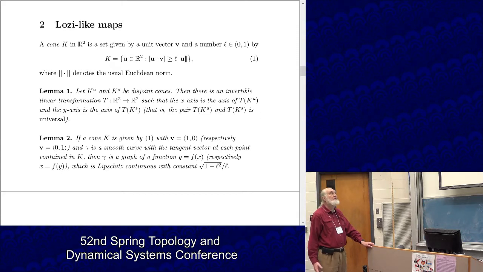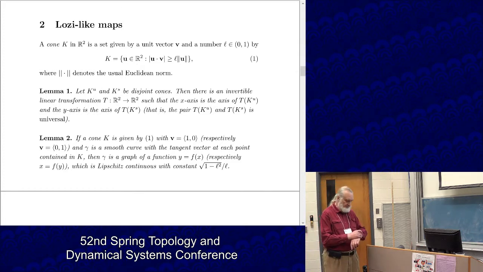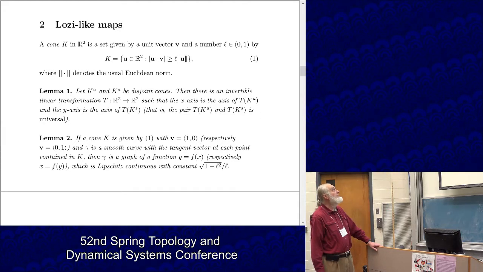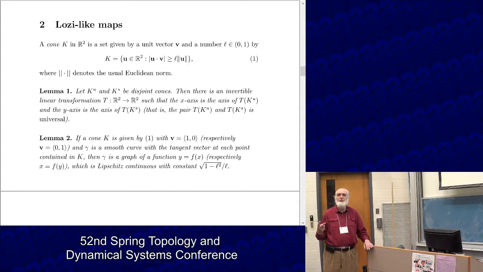Of course, in order to have the same kind of behavior as for Lozi maps, we need to make quite strong assumptions. So, first, if you speak about hyperbolicity, you can work in two ways.